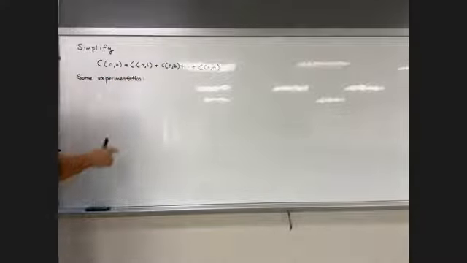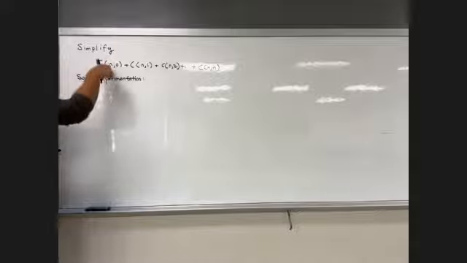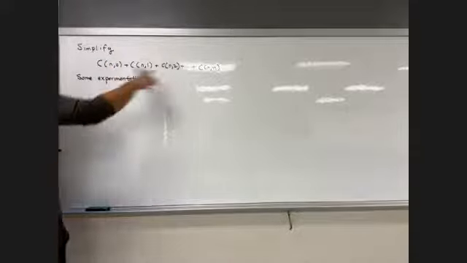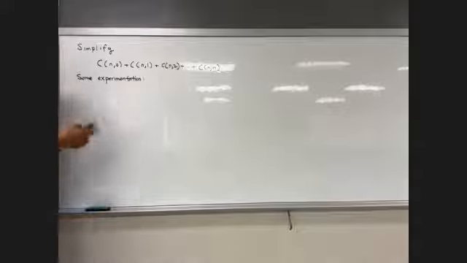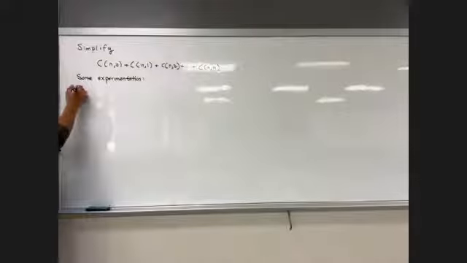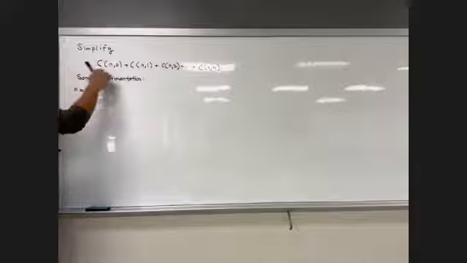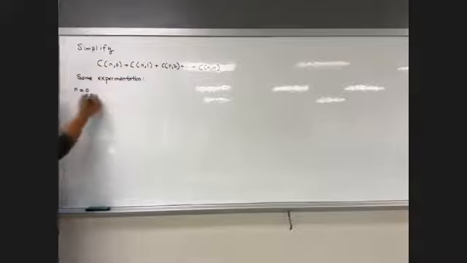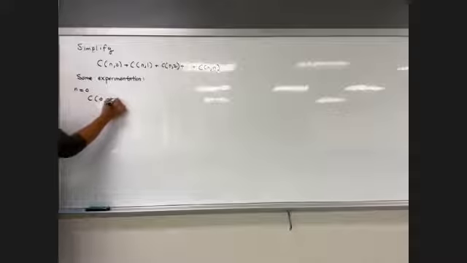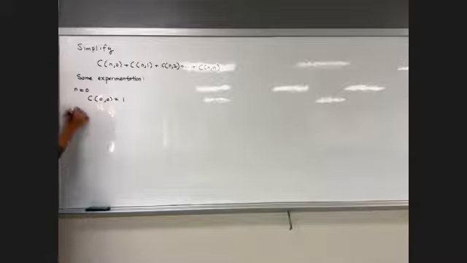I want to know what happens as I vary the values of n, as I take different values of n with this expression, in hope of getting some pattern. So let's see. When n is 0, this sum is composed of only one term, C(0,0), which of course is 1.